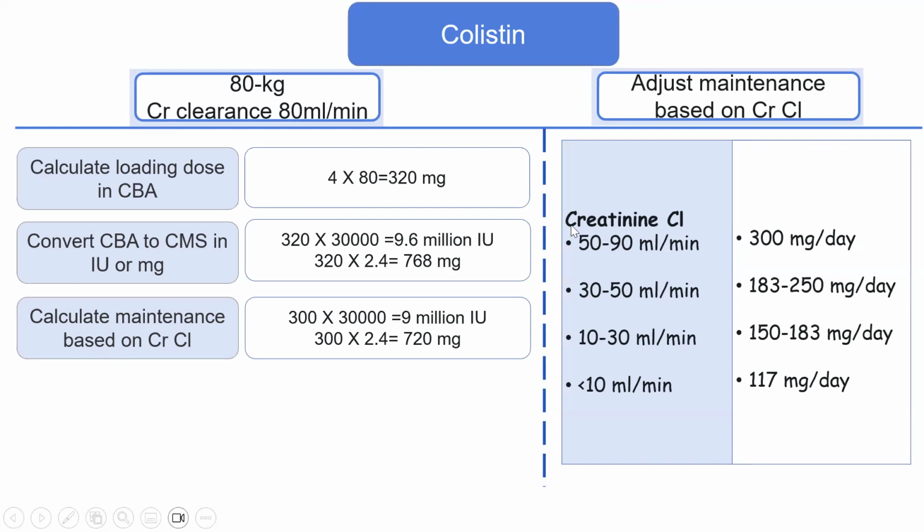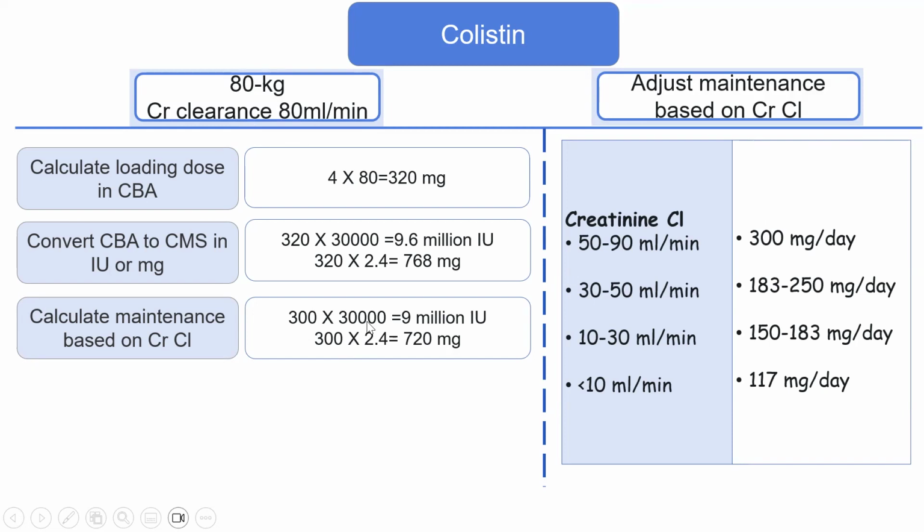Then we start the maintenance dose, based on the creatinine clearance. If the patient has a creatinine clearance between 50 and 90, we need 30 milligrams per day of CBA. This patient has a creatinine clearance of 80 mL per minute, so we need 300 milligrams per day.